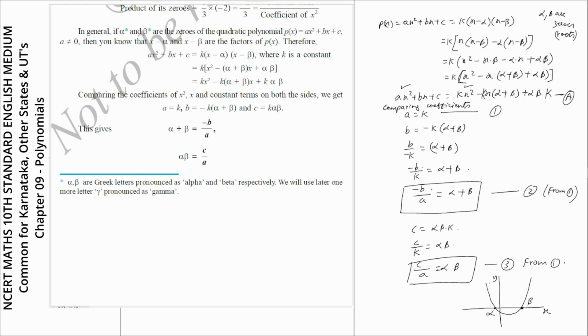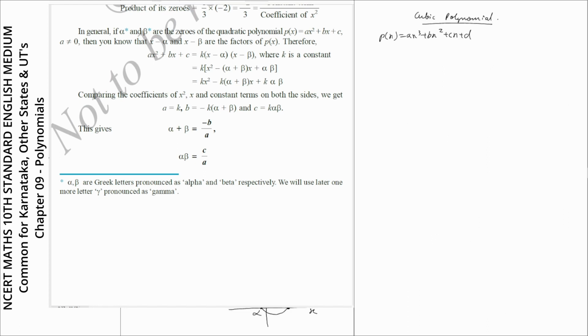Now coming to the cubic polynomial, given by ax cube plus bx square plus cx plus d. The highest degree here is 3. Therefore, a cubic polynomial will have 3 zeros, at the most 3 zeros.